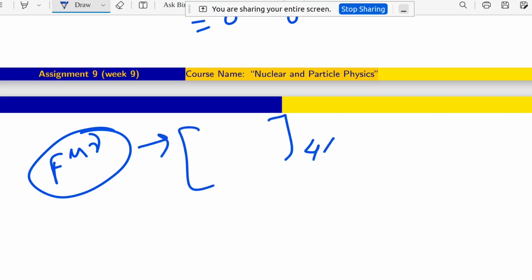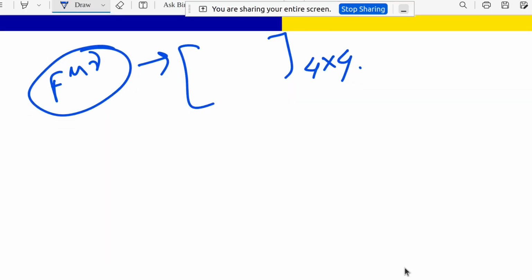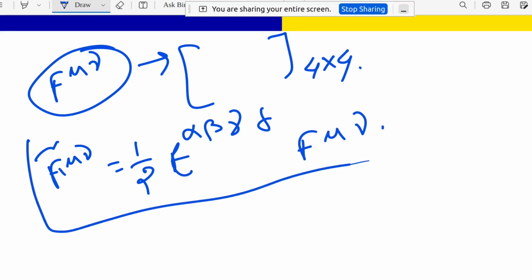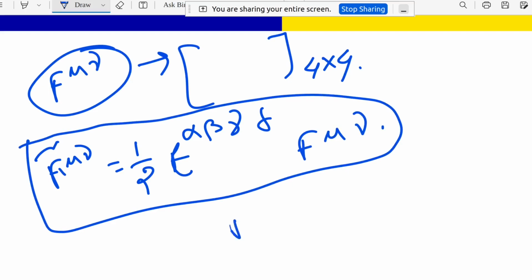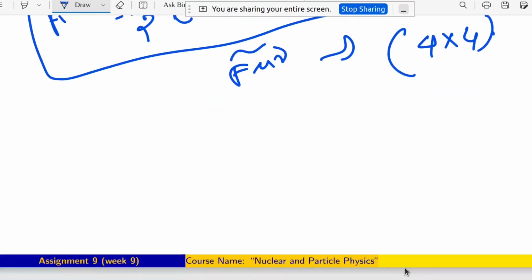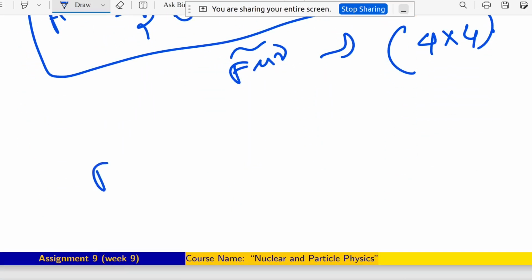It is a 4 by 4 matrix. Now just put the expression here, then we can get epsilon alpha beta gamma delta F mu nu. So we can get the matrix for F mu nu tilde, right? And it will also be a 4 by 4 matrix. I did not explicitly calculate each and every component of F mu nu tilde.